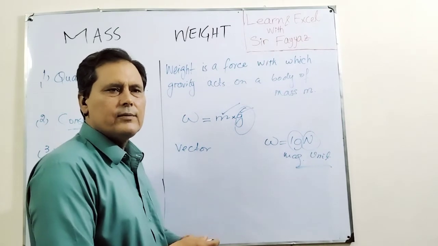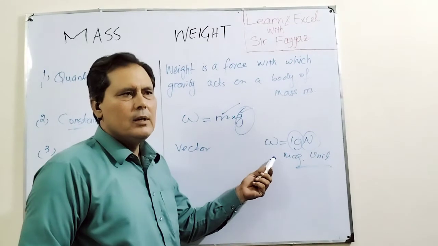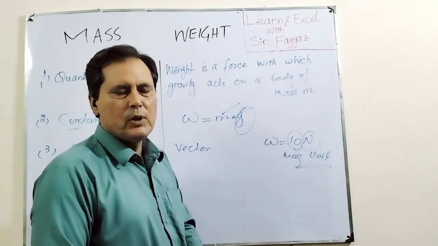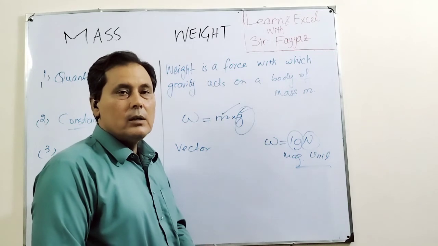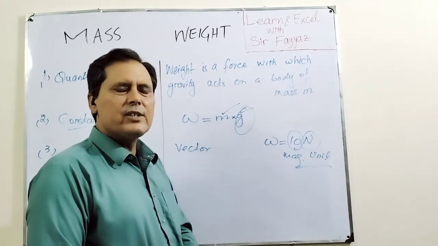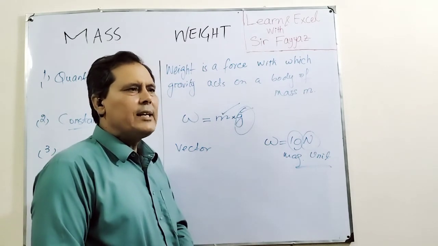As you know, when you compare this W with the force F, if a force of 10 Newton is acting on a certain body, you need to know what direction it is acting on that body, or the net force.